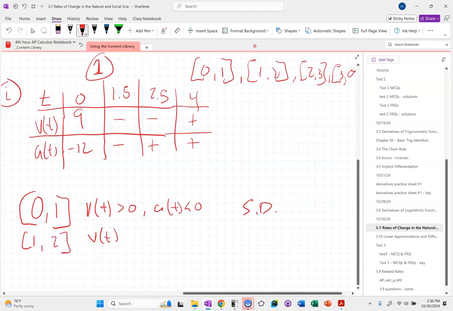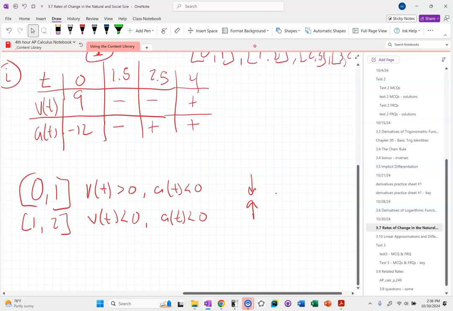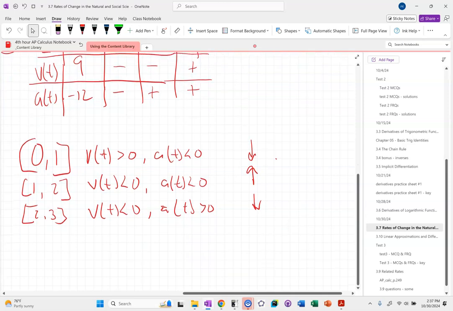So here we have negative and negative. So there we're speeding up. And then from 2 to 3, we have velocity negative, acceleration positive though. So that's slowing down.